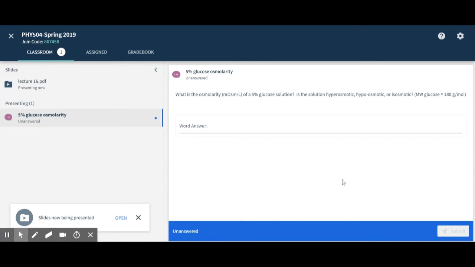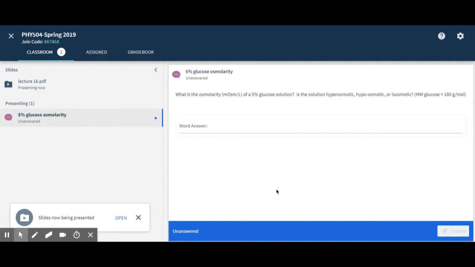You're going to divide 50 by 180 and you get 0.278. Okay, so you get 0.278 moles per liter. We want millimoles per liter, so it's 278 millimoles per liter.